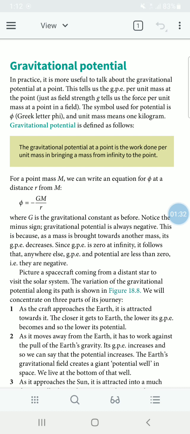For a point mass m, we can write an equation for phi at a distance r from m. Phi equals minus GM over r, where capital G is the gravitational constant as before, multiplied by the point mass divided by the distance r.